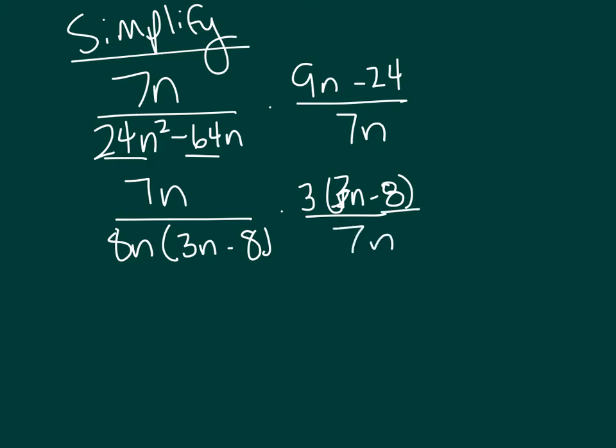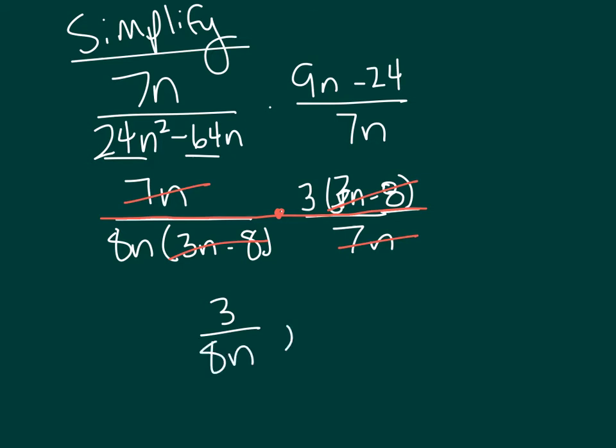and then a 7n. So now we want to look at either numerator and either denominator, because as long as this is a multiplication, this is basically just one big fraction. Those two will cancel out, and then our 3n minus 8 and our 3n minus 8 will cancel out. So all we will have remaining in the numerator is a 3, and in the denominator is an 8n.